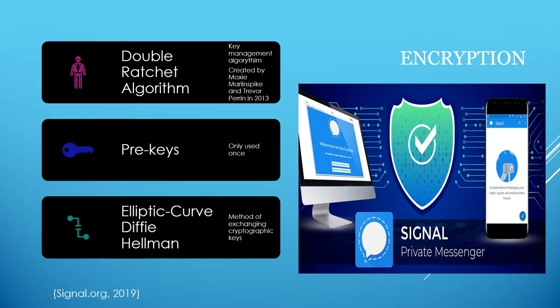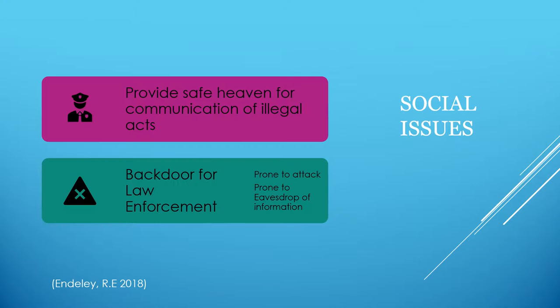Elliptic curve Diffie-Hellman is an anonymous key agreement protocol that allows two parties that each have a public and a private key pair to share a secret over an insecure channel. The utilization of these prevents third parties from viewing and possibly manipulating the information that is being communicated between two users.